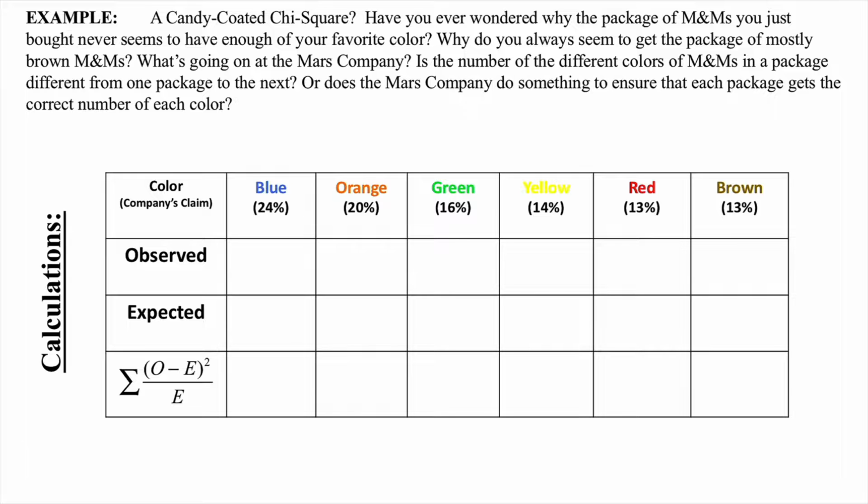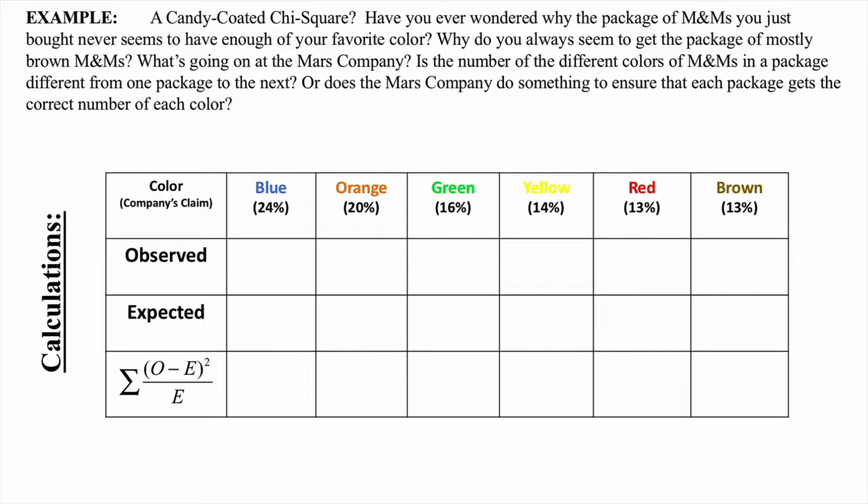So we've actually done this problem before. Does anyone remember what the difference was when we did that problem? The way we did it in the past is we picked one color.